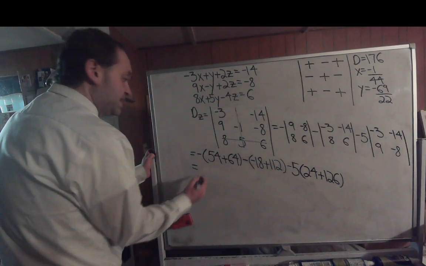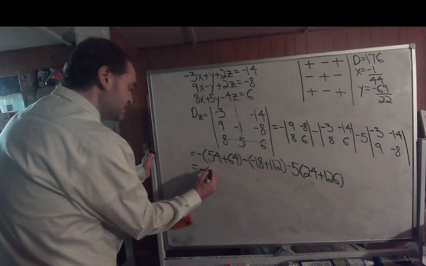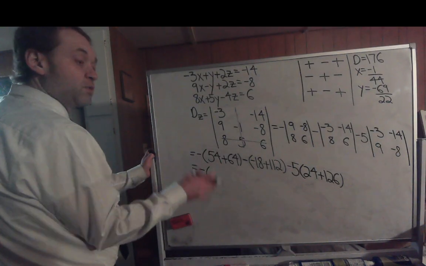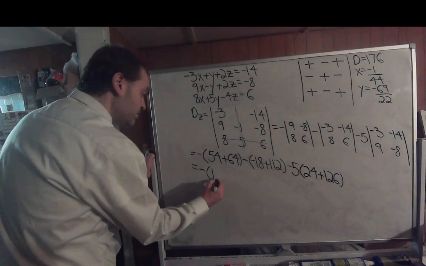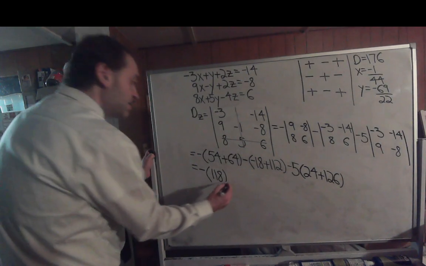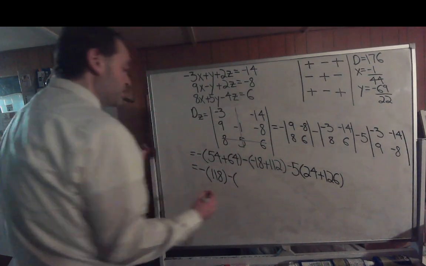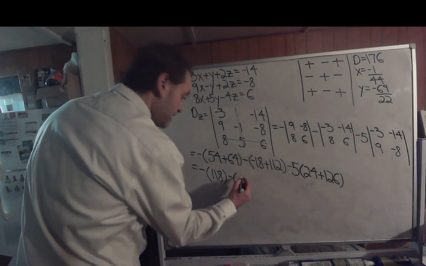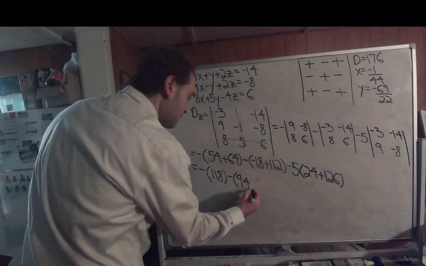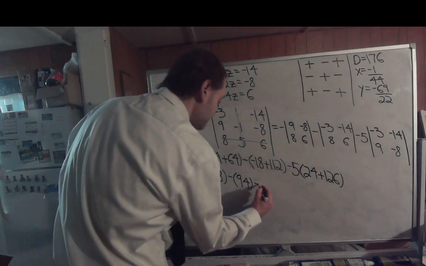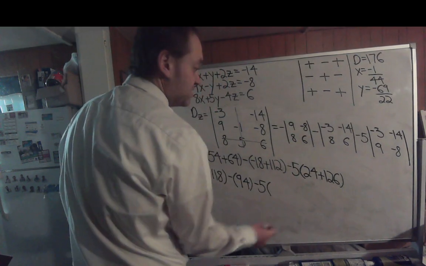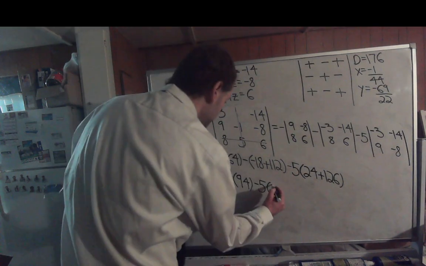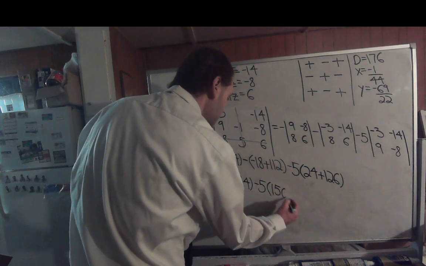Alright, so let's see. Now let's work inside the parentheses. Negative of your first set, 54 plus 64 would be 118. Minus your second set of parentheses, negative 18 plus 112, that should be 94. Then you have minus 5 times your third set of parentheses, 24 plus 126 is 150.